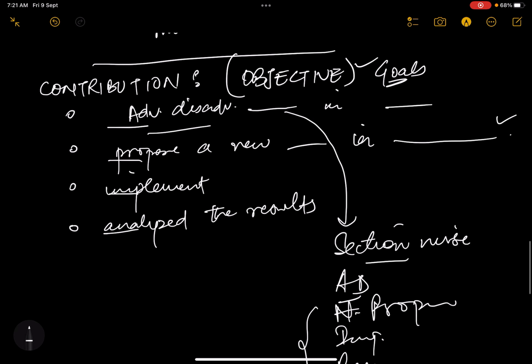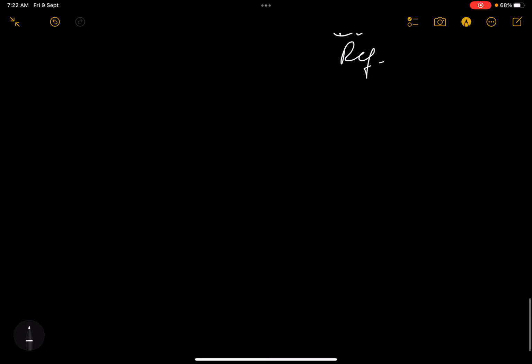Every contribution point has to be justified. Please remember that the objectiveness of your contribution is going to tell the reader how good you are, and delivering what you have promised is going to tell the reader again how good you are. So don't over promise and under deliver.